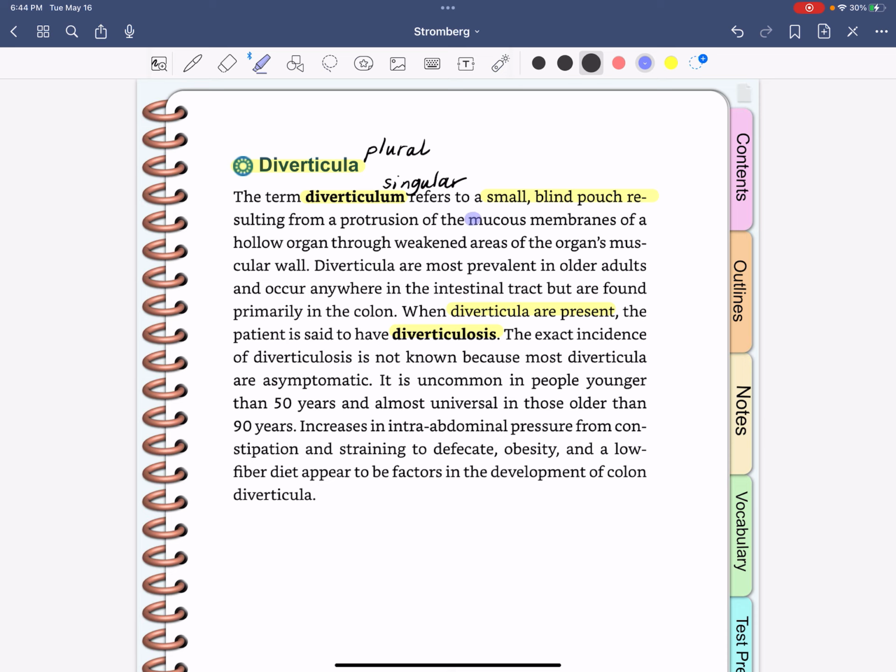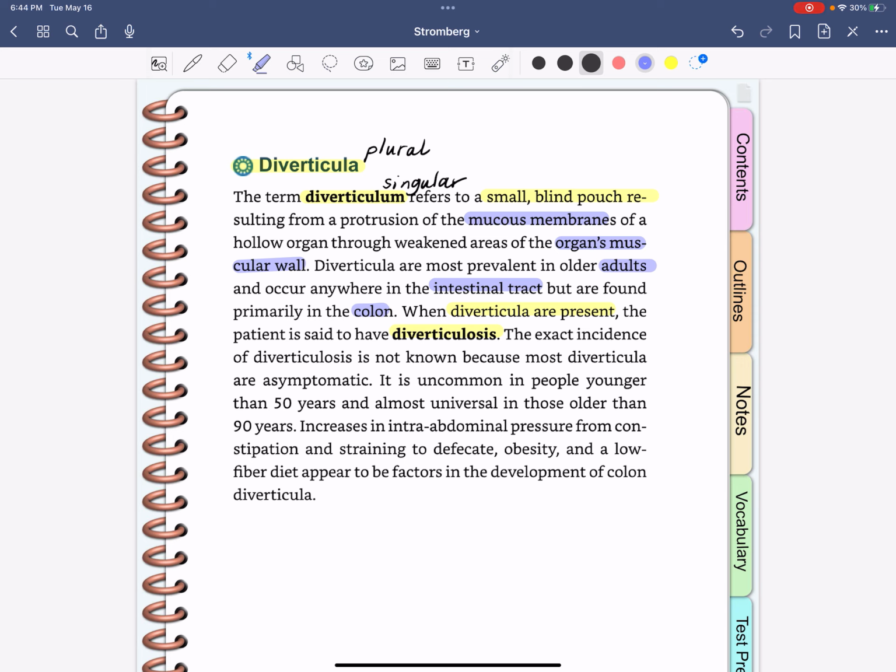I see mucous membranes. I see organs, muscular wall. I see older adults. I see intestinal tract, colon. There's patient. That's a pretty common one. There's diverticulosis, but I've already highlighted that one.